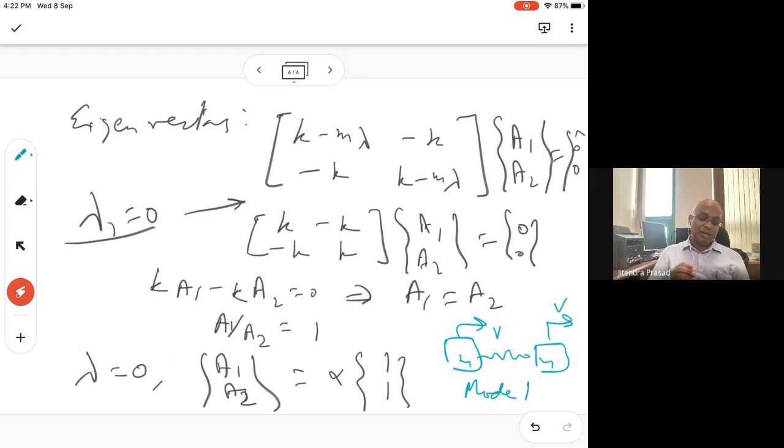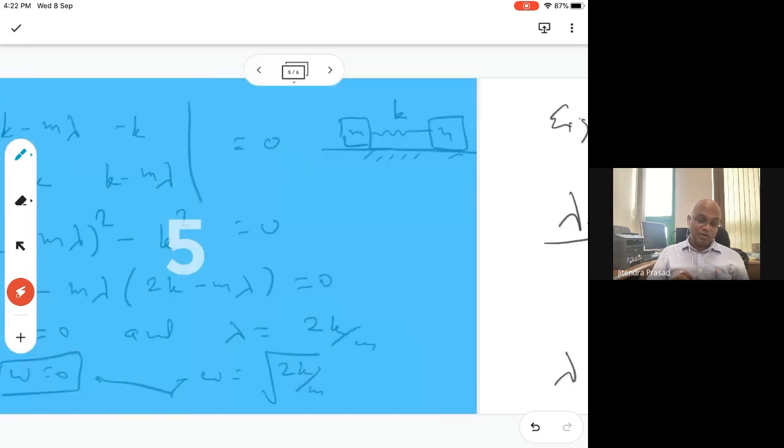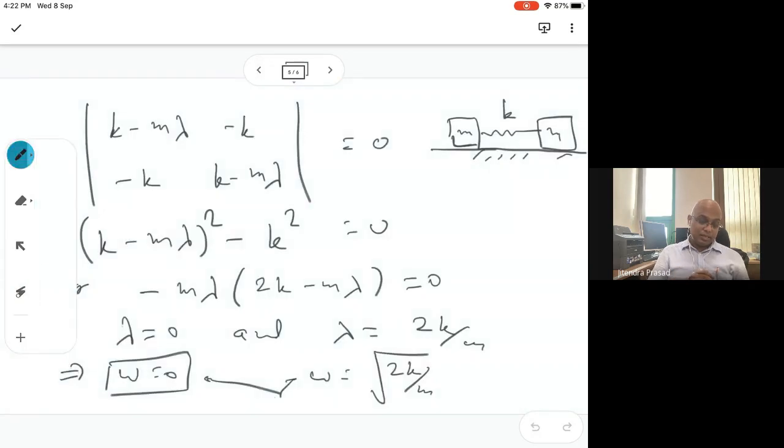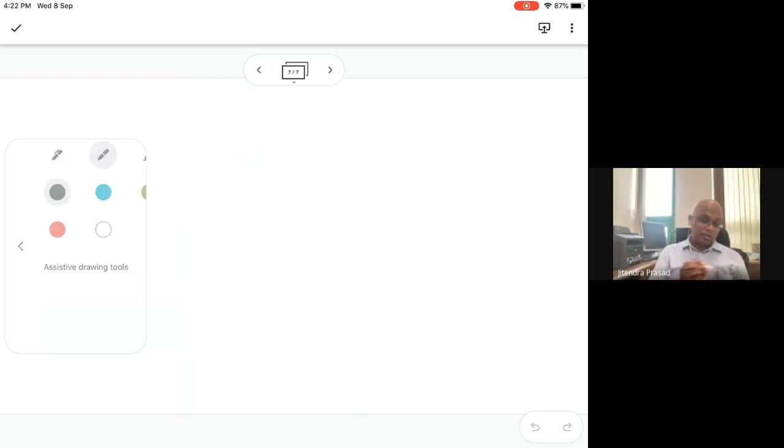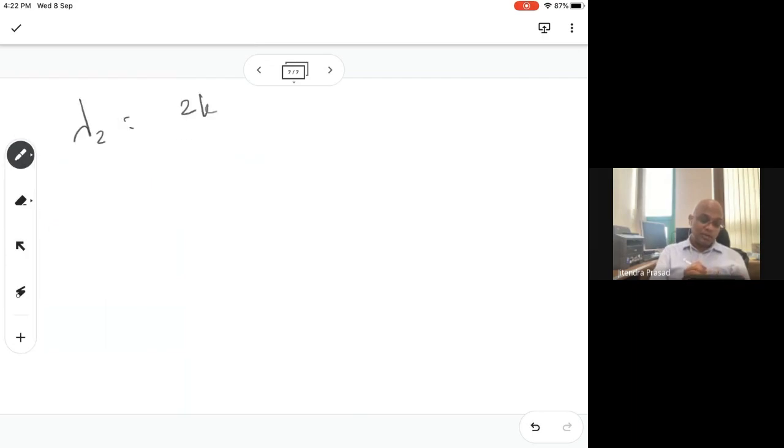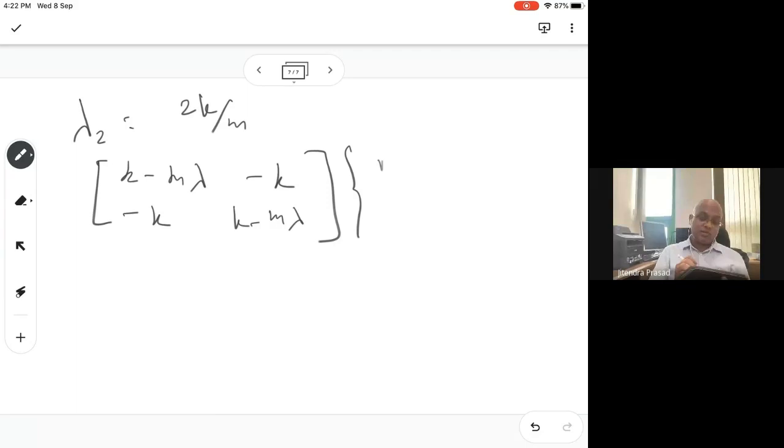Now the second one also we can find out. The second value is lambda 2 equal to 2k over m. And our original equation is k minus m lambda, minus k, minus k, k minus m lambda, and here you have a1 a2, equal to 0 0.